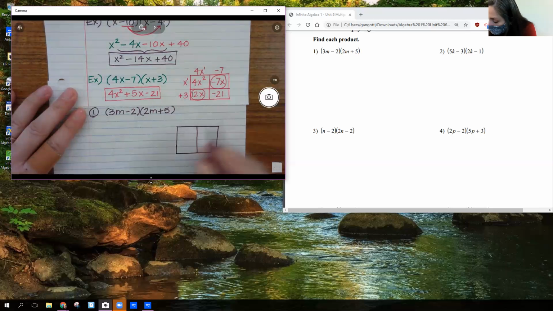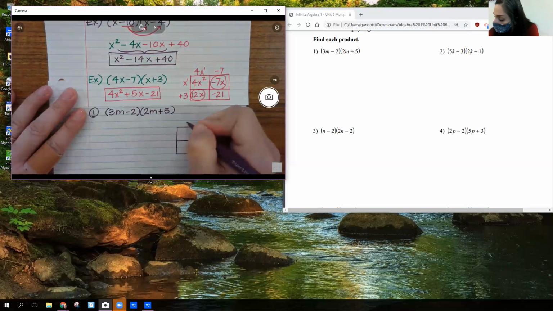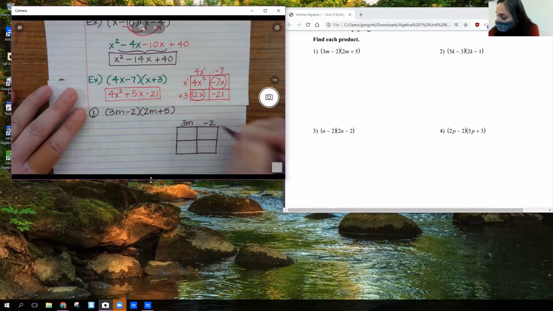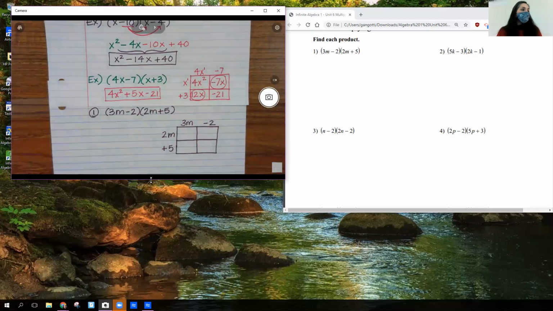Make sure that you make your box big enough so that you're not having to cram all of your answers into itty bitty boxes. So I'm going to put 3m right here, put the minus 2 over here, 2m goes right here, and plus 5 right below it. So now we are going to fill in the boxes.